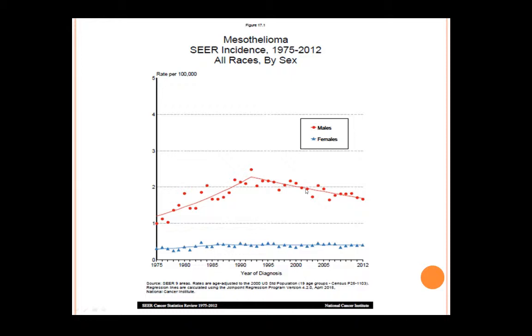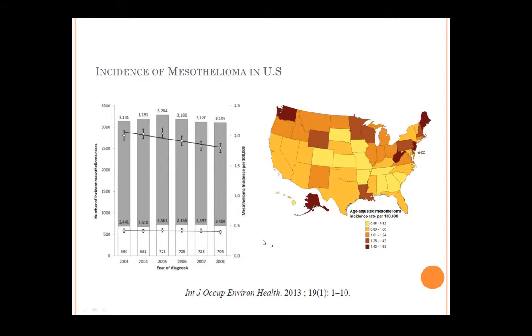Then for several years it was almost level, and since 2005 the incidence rate decreased in men. In women, there was a slight increase in the incidence rate of mesothelioma until 1985. However, there has been little change since 1985 in women.